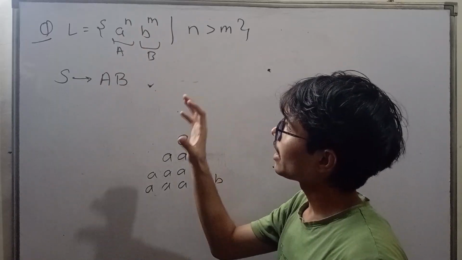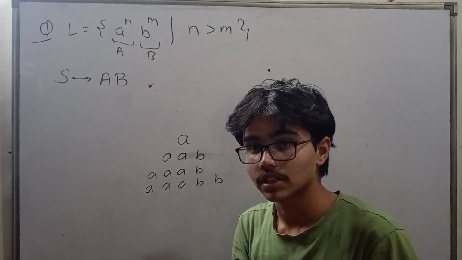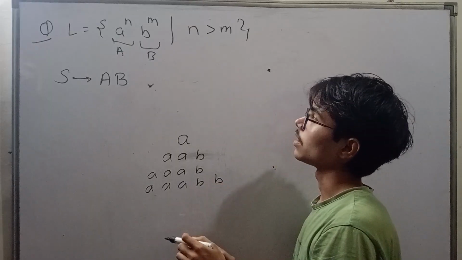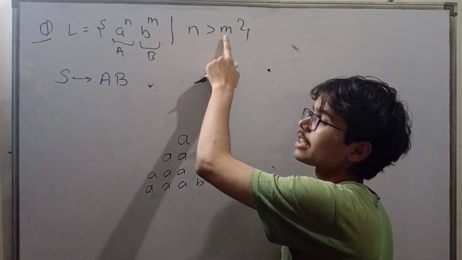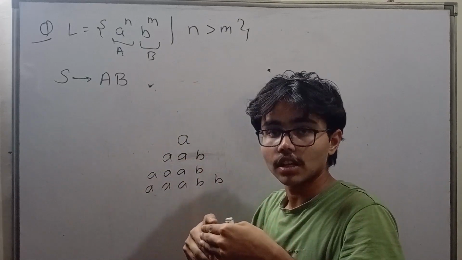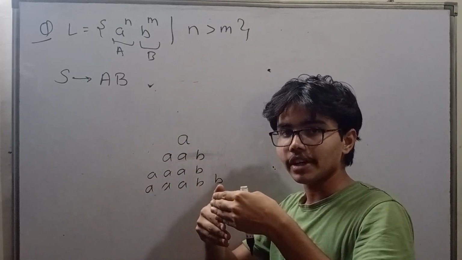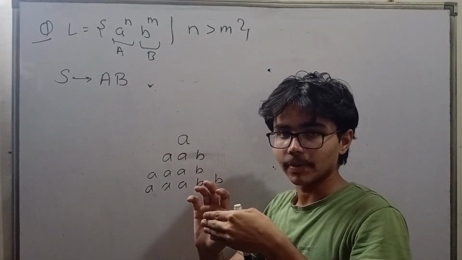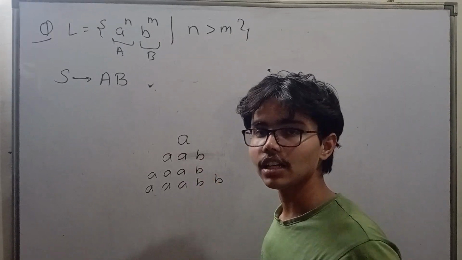Okay, so what I have to do is, at some point of time they must be equal. Like n must be greater than m, but there is a point where both are equal, and from that point I break the b increment and just increment a any number of times.